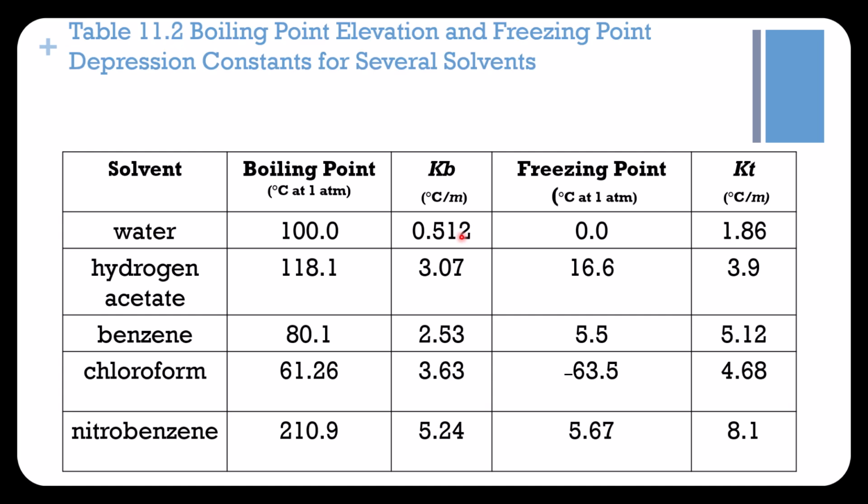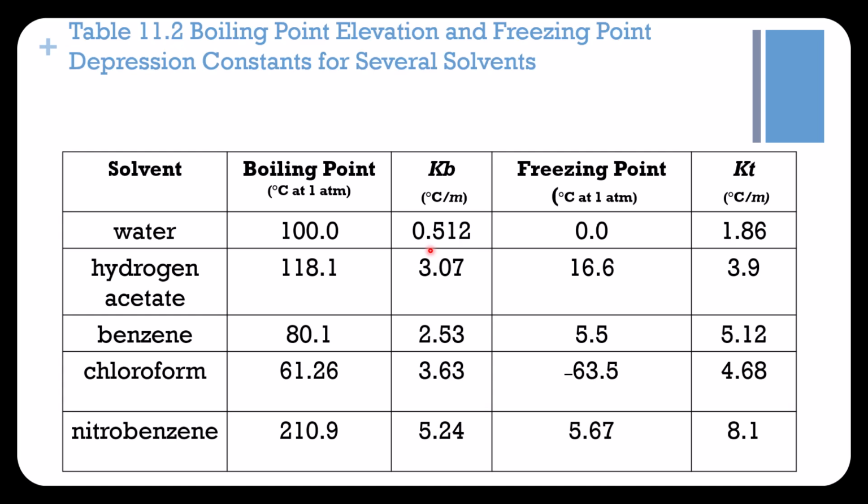Something that has a big K value is going to be vulnerable to large changes. Something that has a smaller K value will be resistant to change. So if we look at the boiling point here, we see that water has the smallest value for K. That should not be surprising at all, as we know water is resistant to change, right?